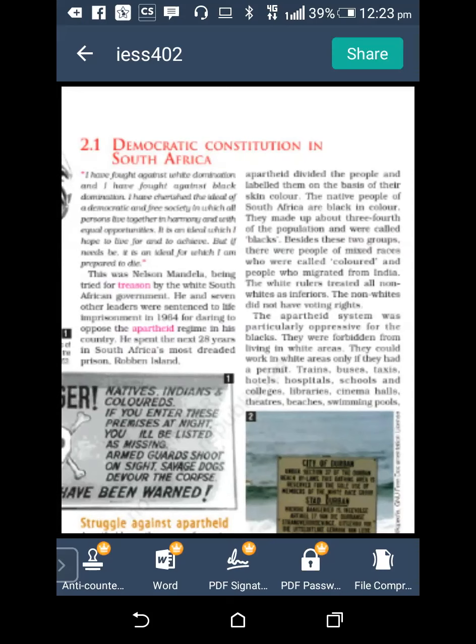The minority of whites, the Botha government, was ruling the majority of black people. They were having absolutely separate lives. There were a lot of discriminations between the black and white.